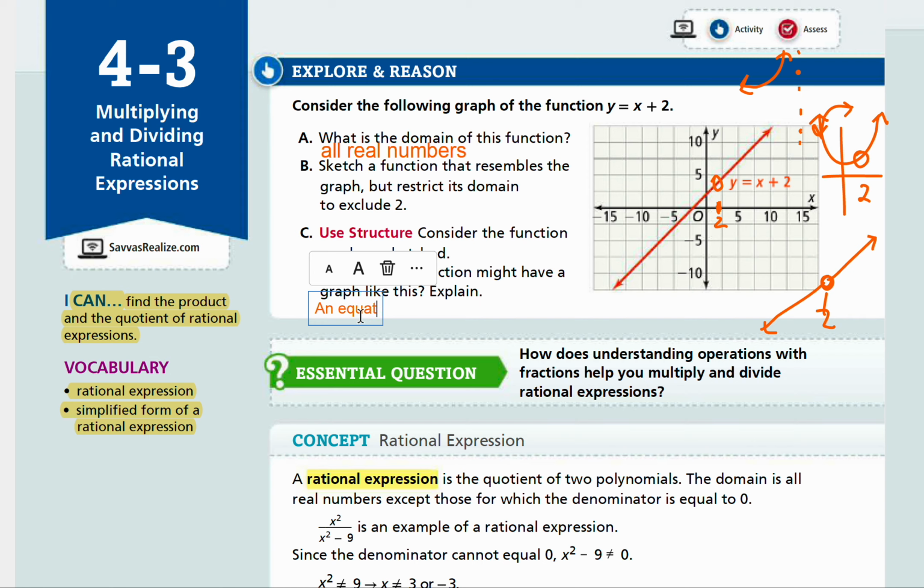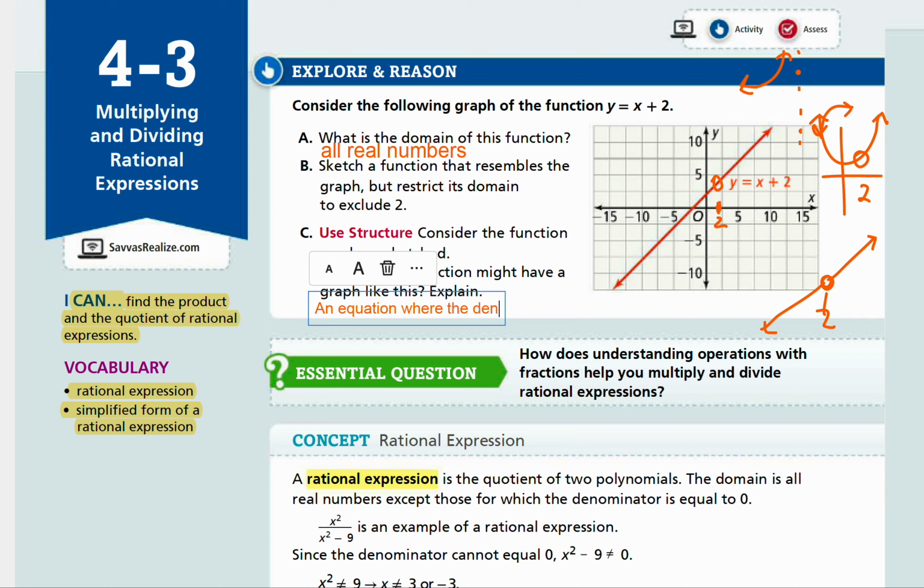So how can we write a rational expression that has 2 as a zero? It could be the only zero. It doesn't have to be the only zero.